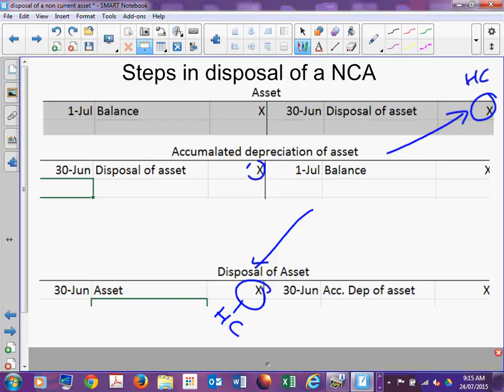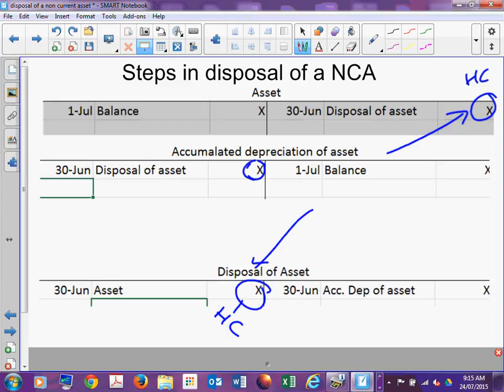No, it's the accumulated depreciation balance. So it's not the carrying value. No, and I'm going to show you how to work out the carrying value in a second. Correct.